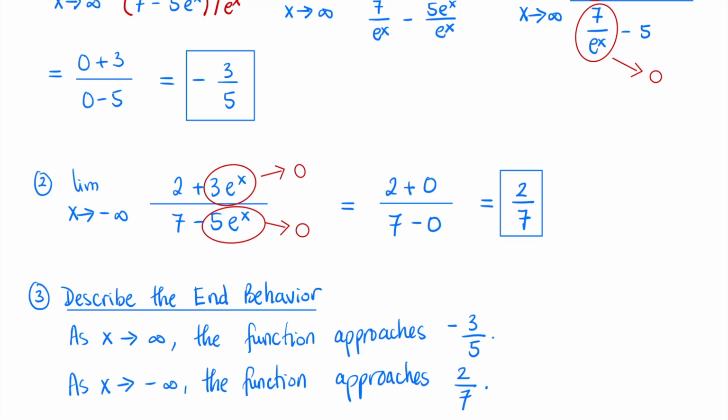So this function has two horizontal asymptotes. On the right, y equals negative 3 over 5. On the left, y equals 2 over 7.